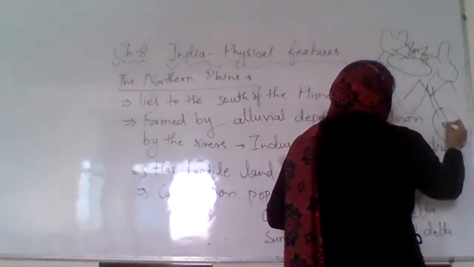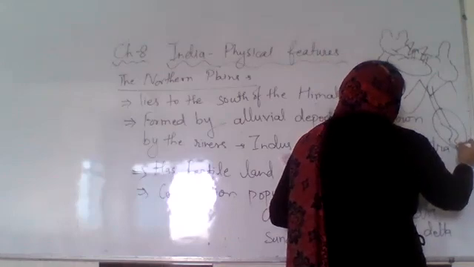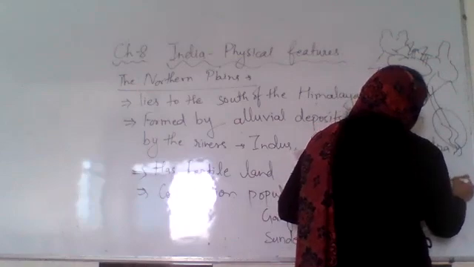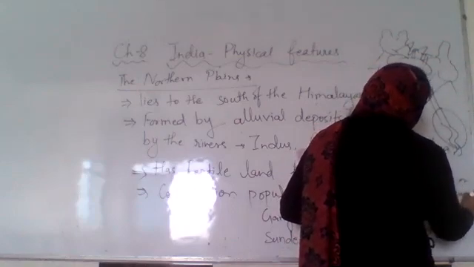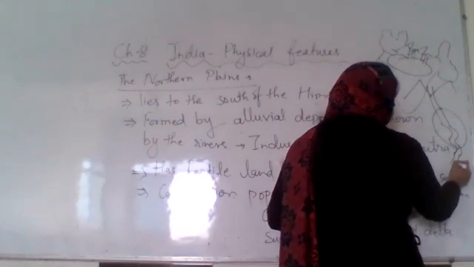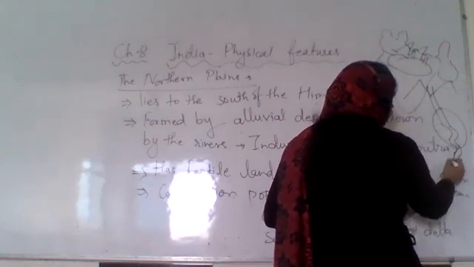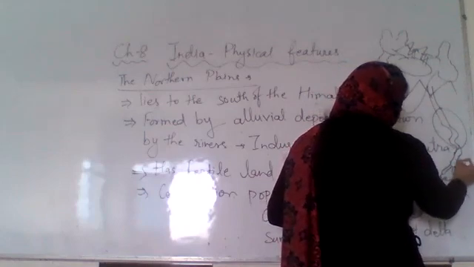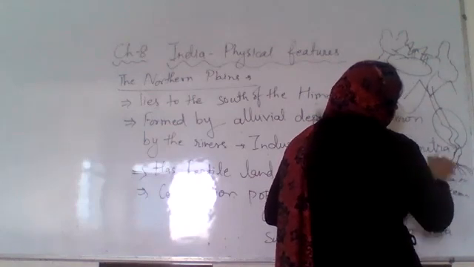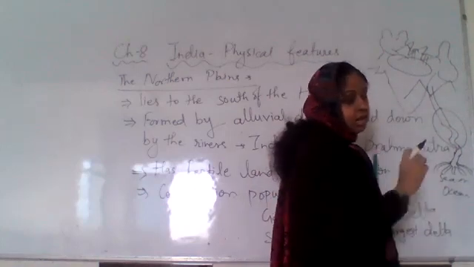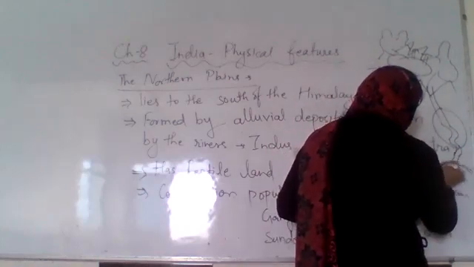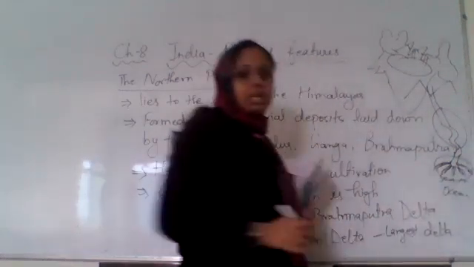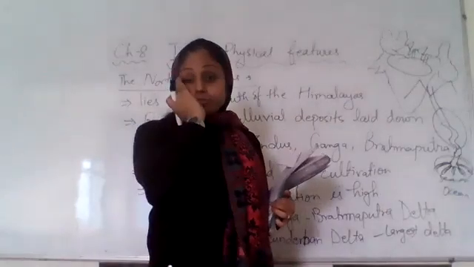In the plain area, it flows like this. Now when it meets the sea or ocean, on the mouth of the river, it will make different distribution. That is delta. Understood?